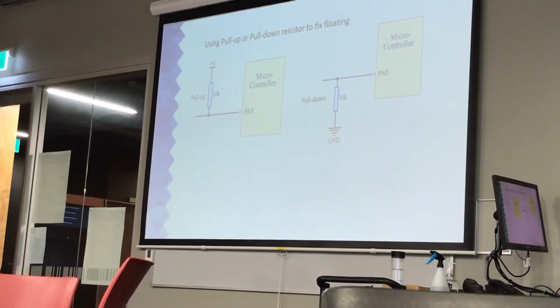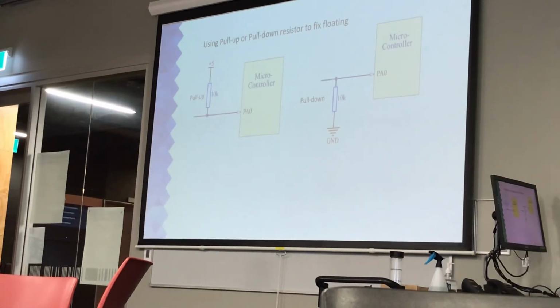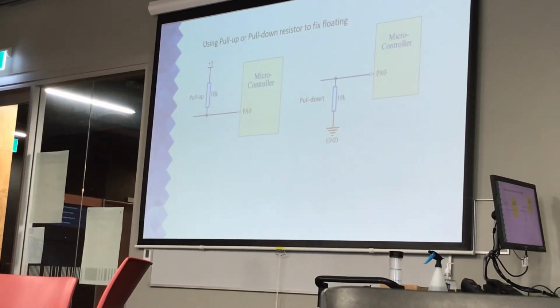If the input is active low, I put a pull-up resistor there. Then if by accident I touch this pin, it is not going to change state until I push this button down, because the pin is held up at 5 volts.